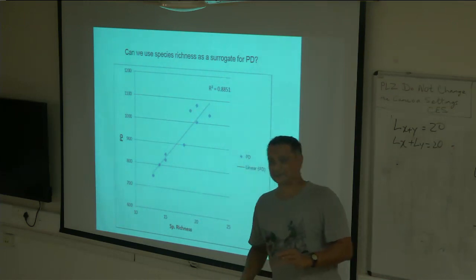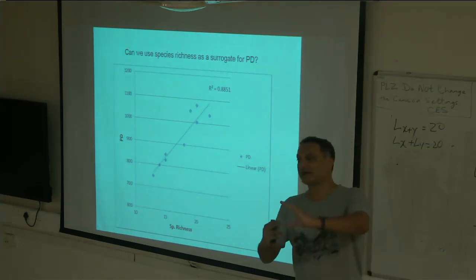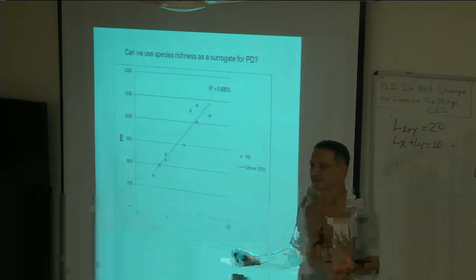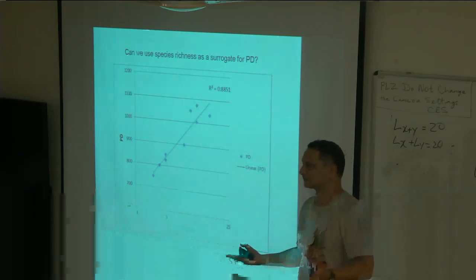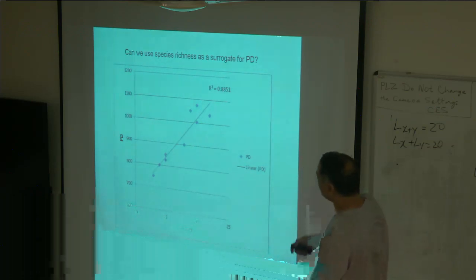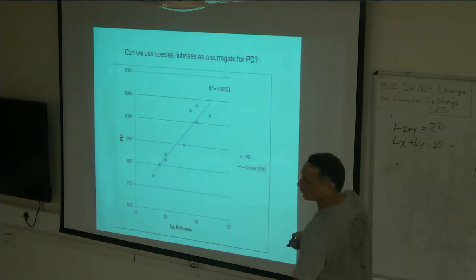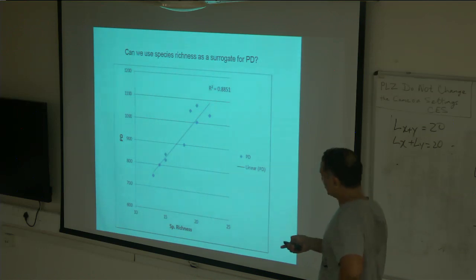And this makes sense because as you add more branches to a phylogeny, PD will increase because branch length is increasing. Okay. However, if you see, there are some outliers that are away from this line, and that's when it starts to get interesting.